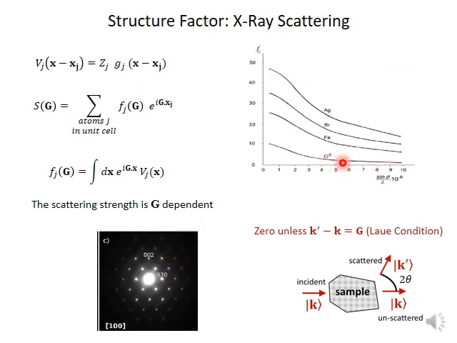As you can see, as the theta is increased, the scattering intensity is decreased, and this is due to the scattering strength, because the scattering strength from specific atoms really depends on the scattering direction itself. So the larger the scattering angle, the smaller is the atomic form factor, the smaller is the magnitude of S, and the smaller is the intensity of the scattered light.